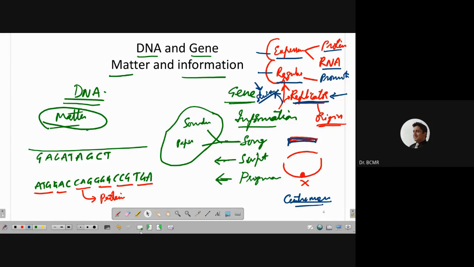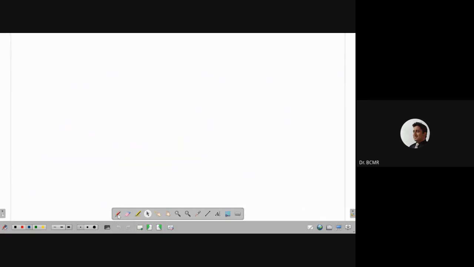If we want to say anything to be genetic information, there is another point: it should be within the cell. Why within the cell? Because only in the cell can the replication of it happen, right? Replication, expression.